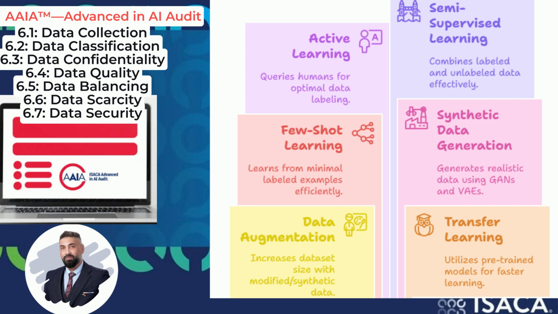Common scenarios where data scarcity is encountered include new domains or problems, where historical data simply doesn't exist. Rare events. For tasks like detecting rare diseases or predicting infrequent but critical failures, by definition, there will be few examples. Privacy concerns, where legal or ethical restrictions limit access to or use of available data.